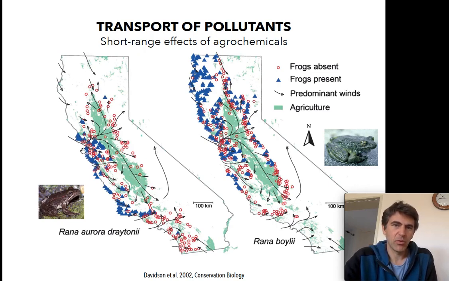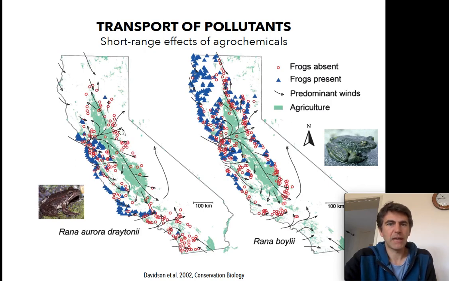Well, anyway, they go this way, and basically on the side with less wind coming from the agricultural fields, you end up with more frogs in both examples here, and on the side that comes on the wind side of the agricultural fields, you end up finding very few.